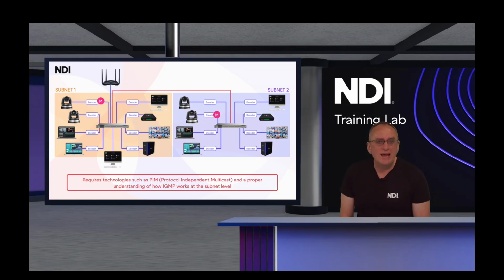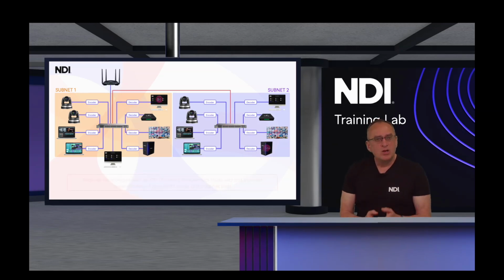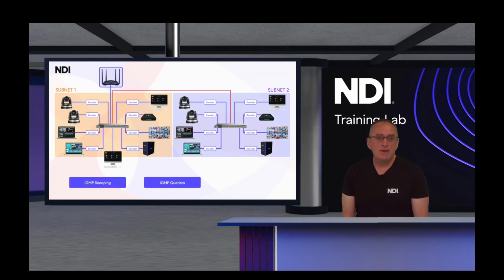These protocols allow multicast streams to be delivered only where needed, avoiding unnecessary network load. However, configuring multicast across multiple routers and VLANs is quite a complex task, and it often involves setting up features like IGMP snooping, IGMP queries, and designating a rendezvous point, or RP, for multicast coordination.